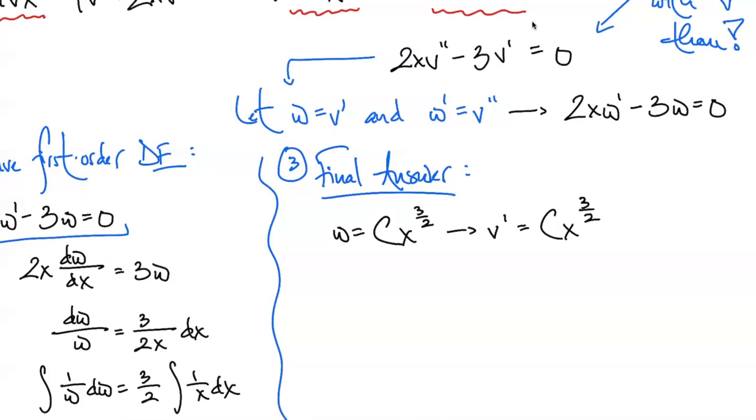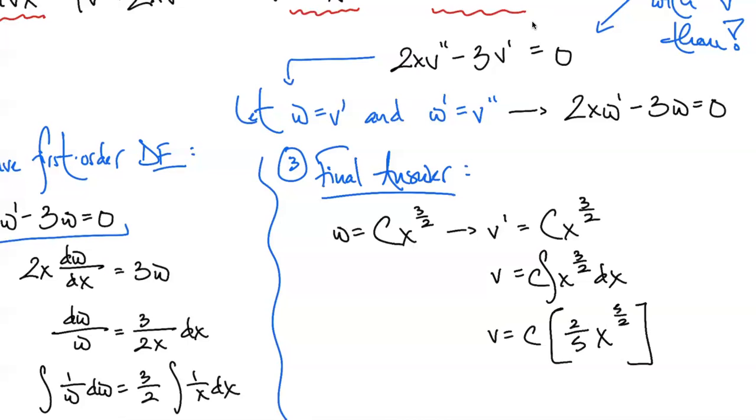If I have v prime, I can find v by integrating. And if I clean this up, this will be 2/5 x to the 5 halves plus some other constant that will hang out here for a little bit.